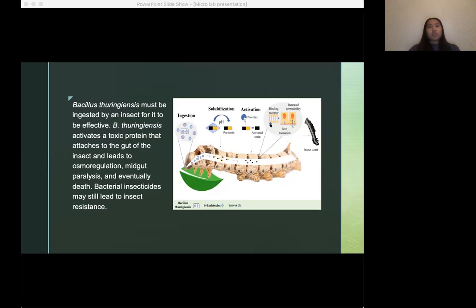What Bacillus thuringiensis does is release a potent toxin that attaches to the insect's gut, and it causes symptoms of disrupted osmoregulation and mid-gut paralysis, and it will eventually lead to insect death. Just like chemical insecticides, bacterial insecticides may also still lead to insect resistance.